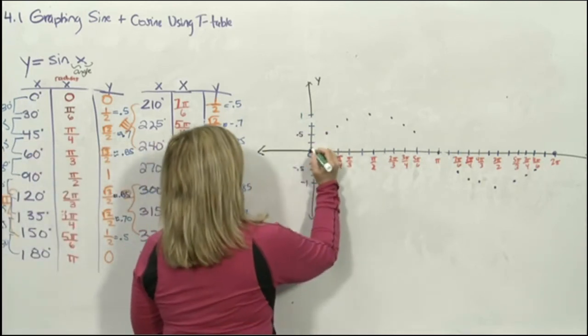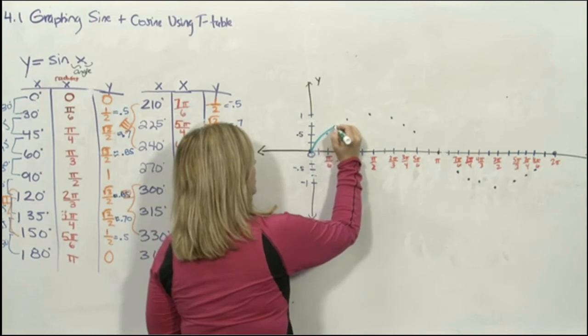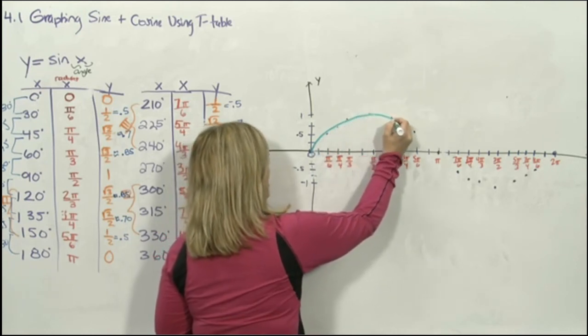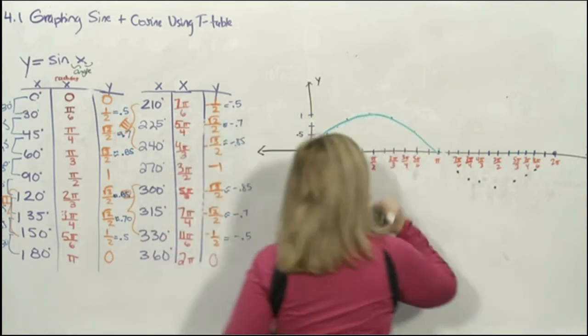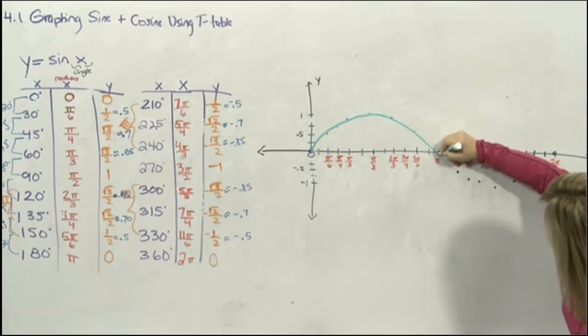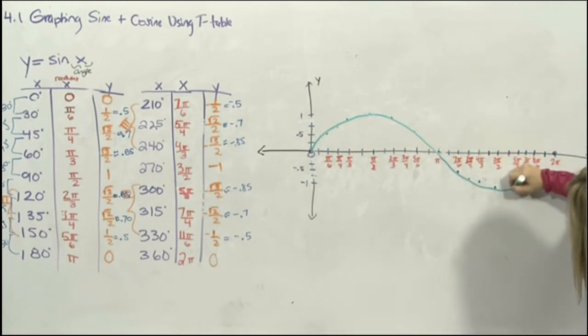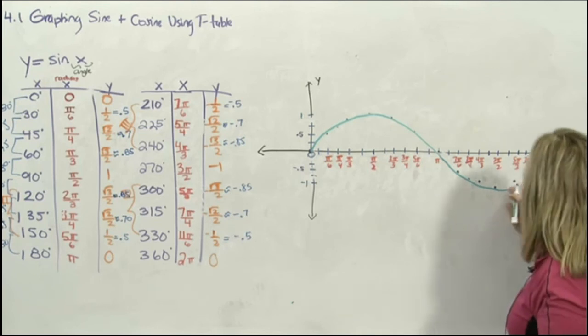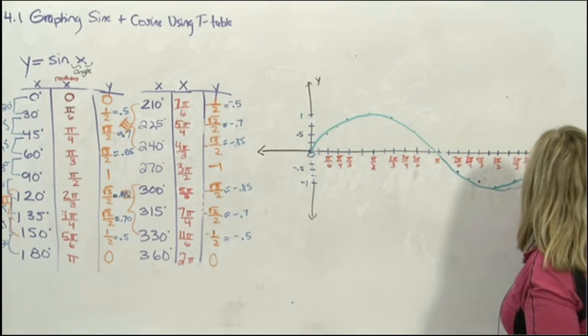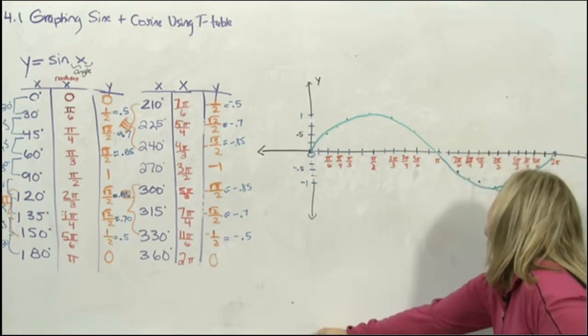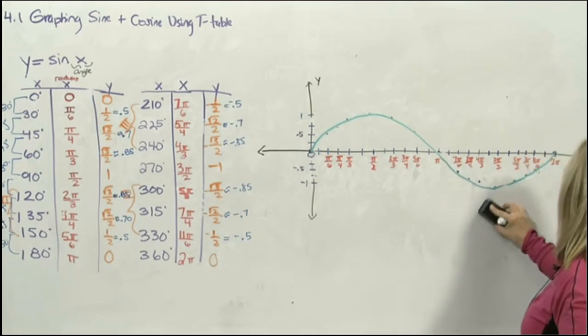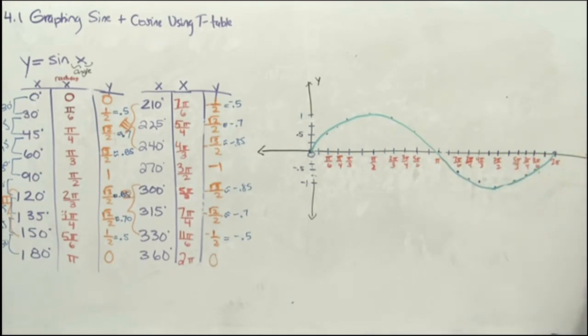A sine curve starts at the origin, and it is a curve. It curves all the way up, it reaches as high as point 1, and it comes down. Then it goes below the x-axis. It's a curve. That is what a sine curve is.